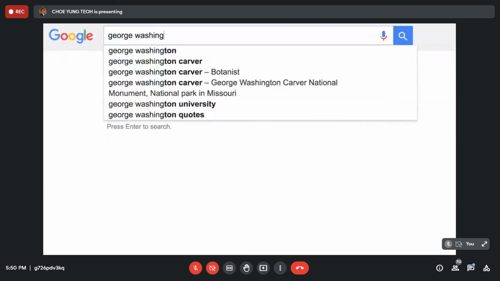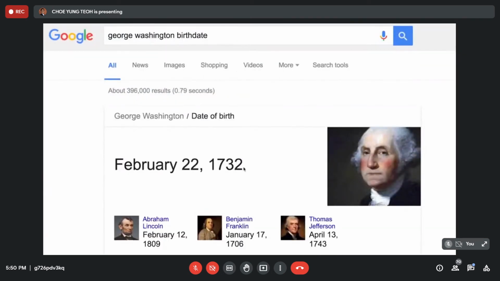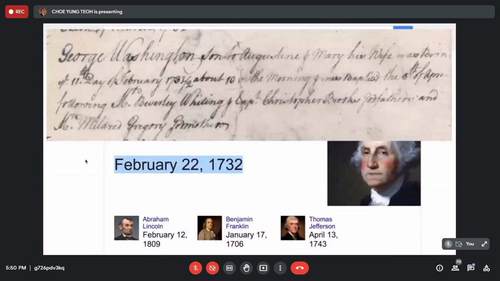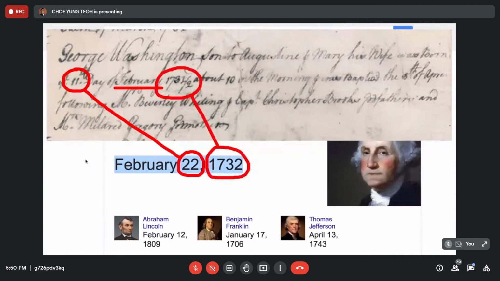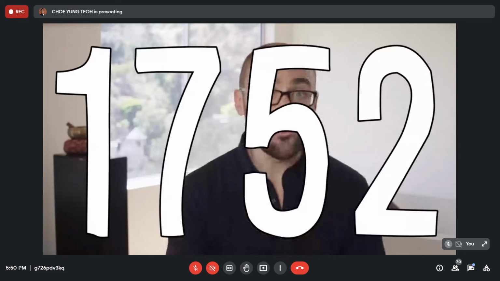Also, George Washington was born on February 22nd, 1732. At least, that's what we're told. However, his family Bible says he was born on February 11th, 1731/2. So, which is it, Mr. I cannot tell a lie? Oh, and don't even ask about 1752.